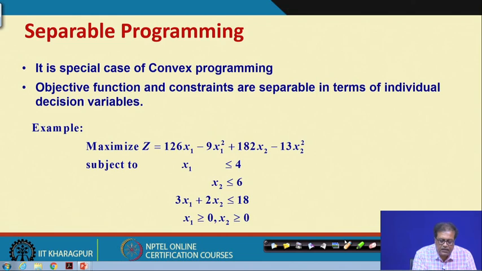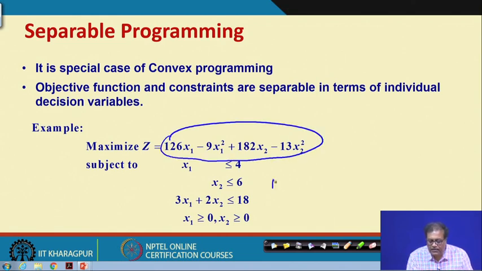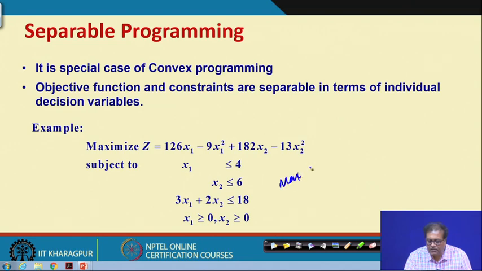Supposing this is our objective function: maximize z equal to f of x1 and x2, a function of two variables, which is possible to write as g x1 plus h x2, right.